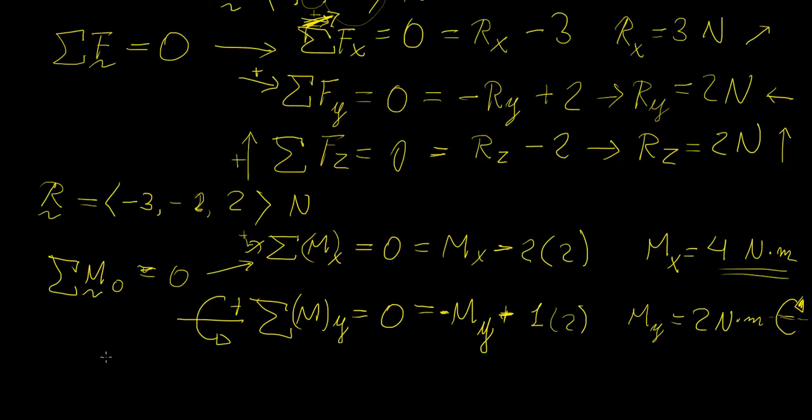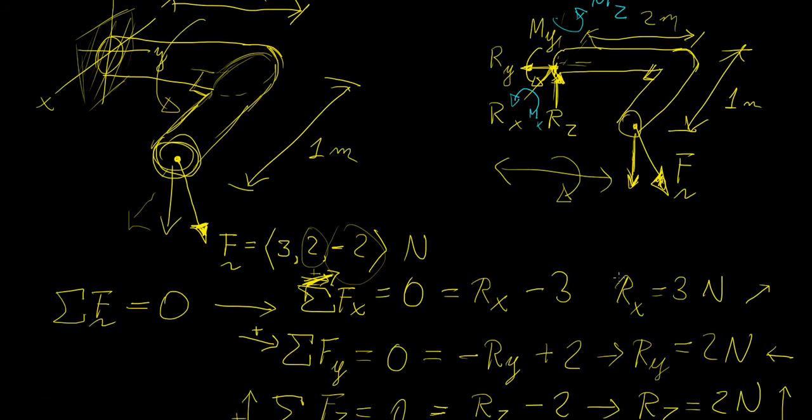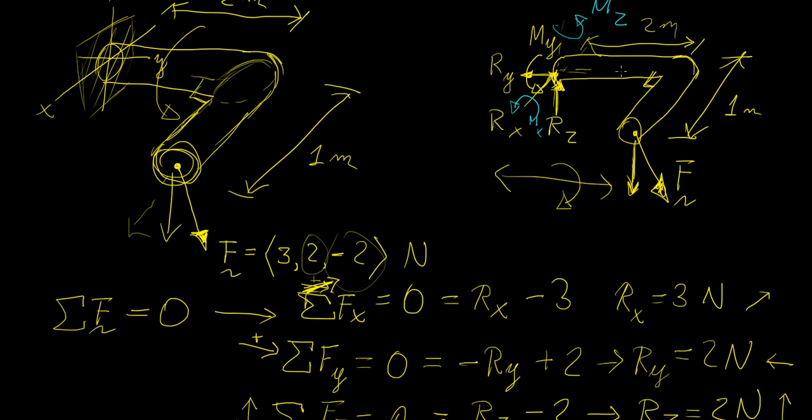And finally, we're going to have the sum of the moments about the z direction. So we're going to go back here, and now what we're going to have is this. So what force component of this force is causing a rotation about the z-axis? Well, the x component, if we draw it here, is actually causing a rotation about the z-axis.